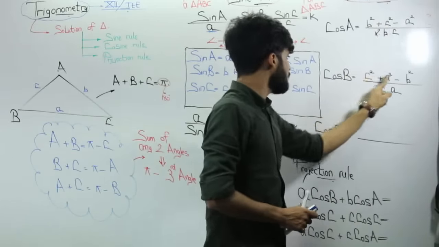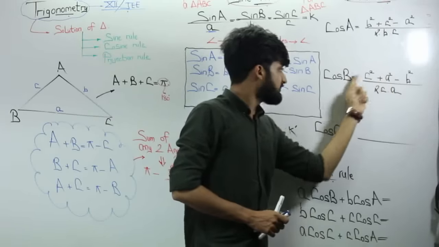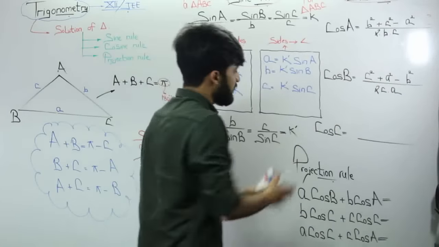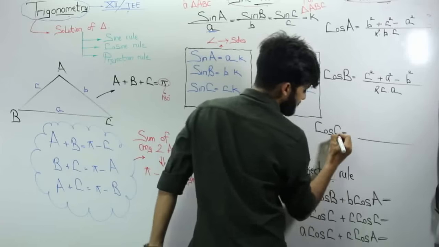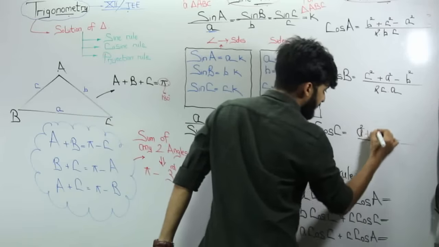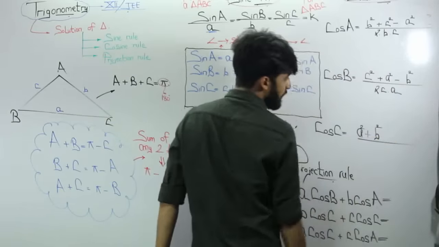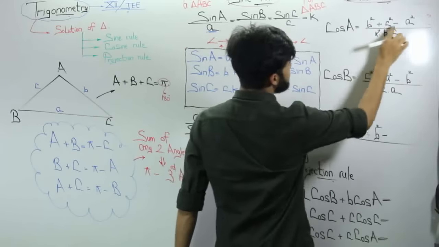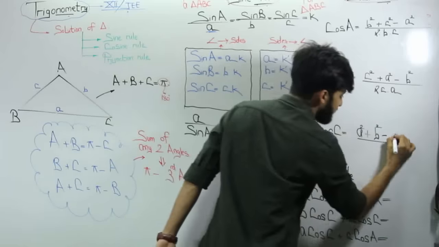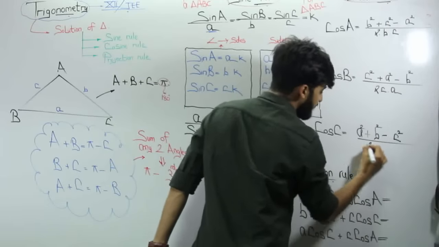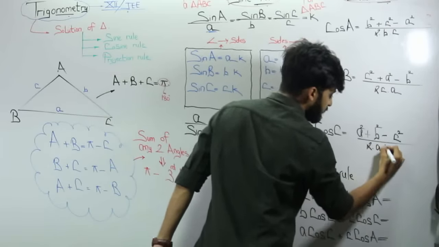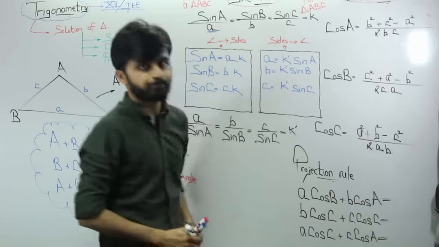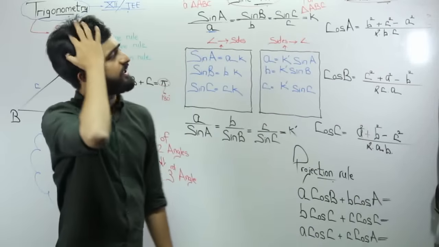If it is B, the other two, C and A, get added, and B square is subtracted. If it is C, A square plus B square, minus C square. In the denominator, 2 into the first value into the second value. In this way I define the cosine rule.